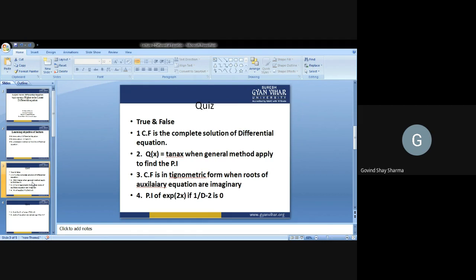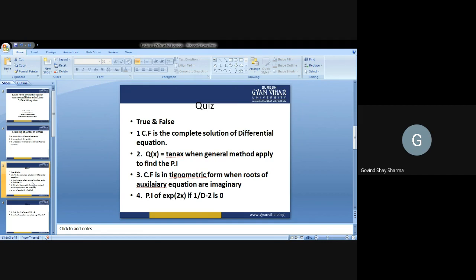Sine and cos are trigonometric functions. So we can say when the roots of the auxiliary equation are imaginary, then the CF will be a trigonometric function. Because sin x and cos x are in the form of trigonometric functions.